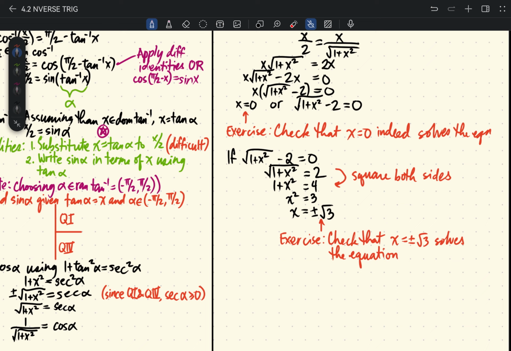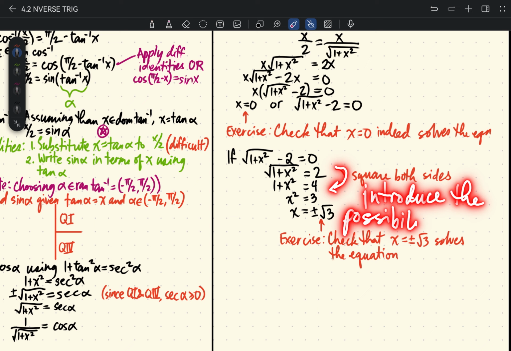Why do we have to check that both of them solve the equation? That's because of this step right here. What we did is we squared both sides. And if you can remember, if you square both sides, you introduce the possibility of extraneous solutions.